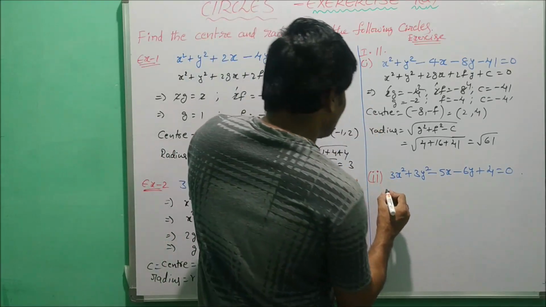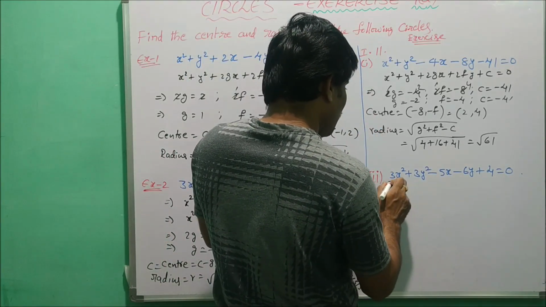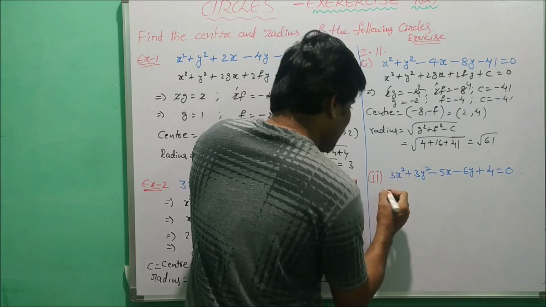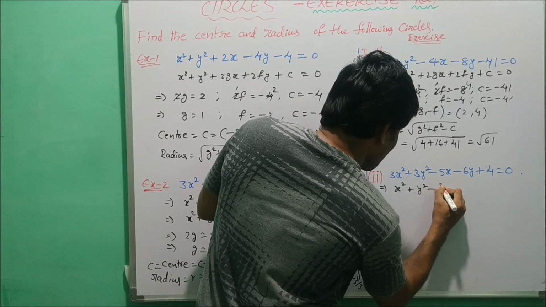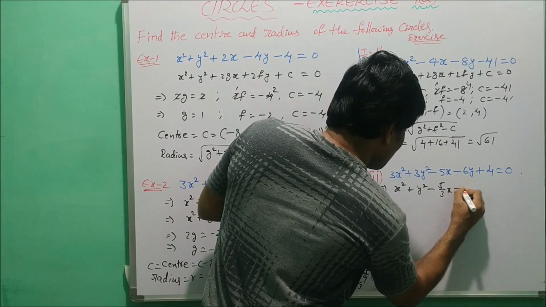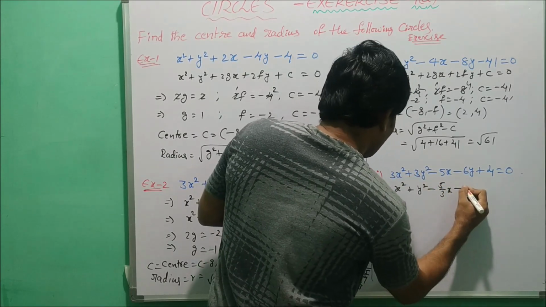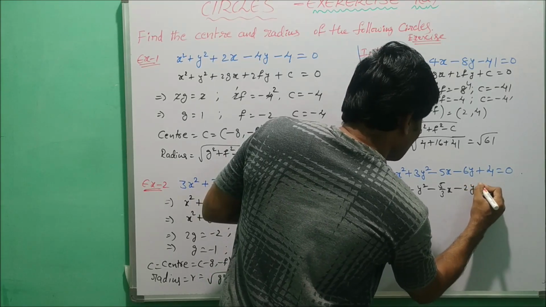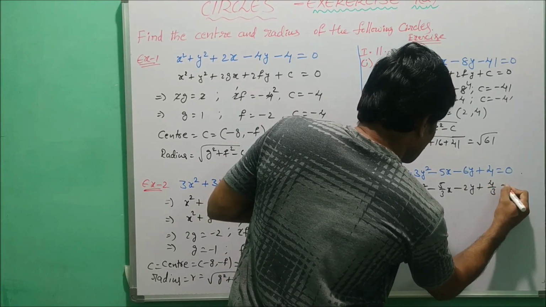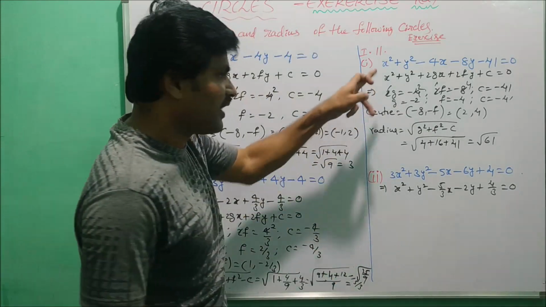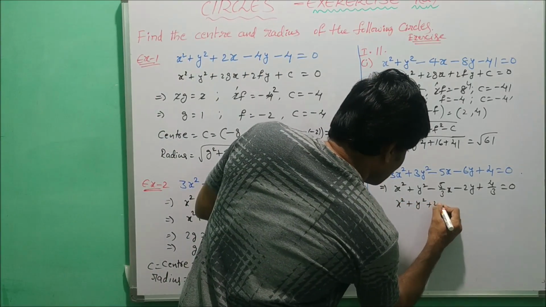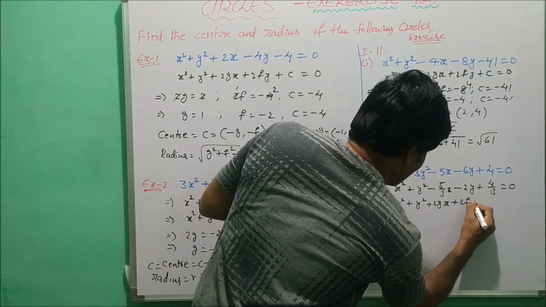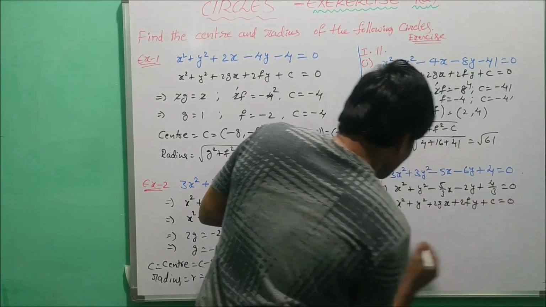Similarly follow same procedure. Here also, first of all we divide with 3. It can be written as x square plus y square minus 5 by 3 x minus 6 by 3, that is minus 2y, plus 4 by 3 equal to 0. Now comparing with general form of circle, x square plus y square plus 2gx plus 2fy plus c equals 0.